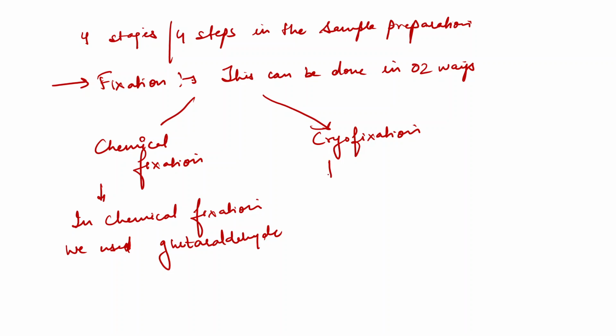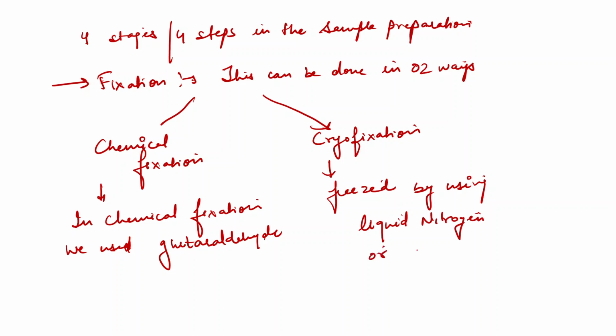While in the case of cryofixation, the sample is frozen, using either liquid nitrogen or liquid helium, which is not obtained so easily. So we can take liquid neon too, whatever is available. Basically we use liquid nitrogen for the freezing purpose.